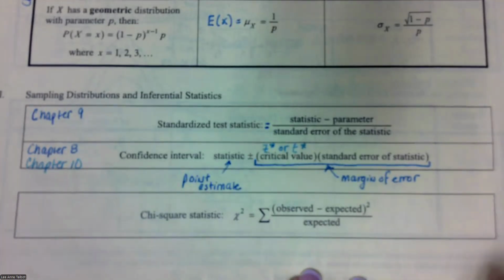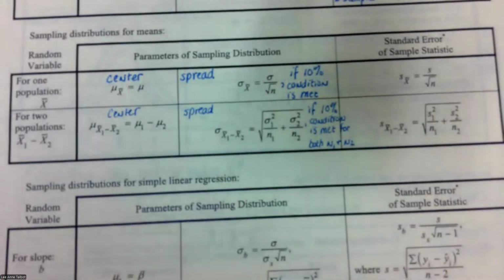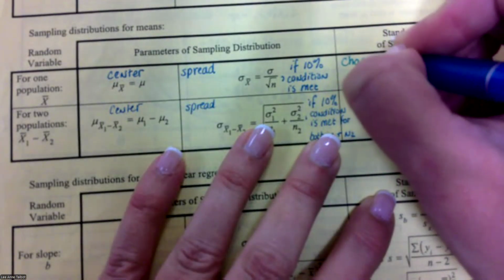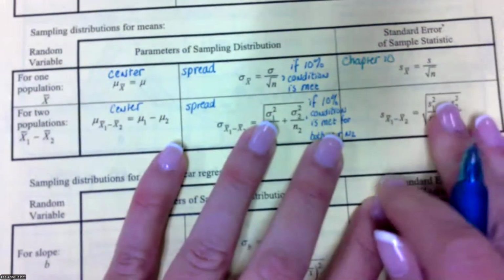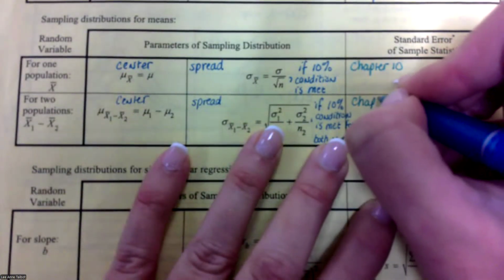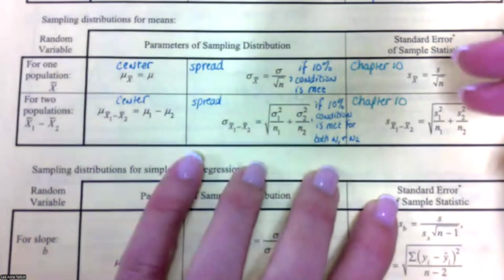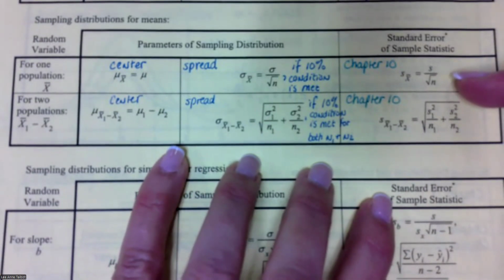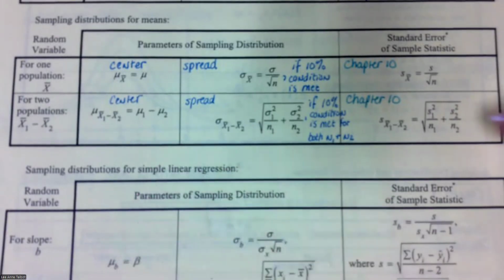Okay, now flip to the back. So this is going to be your one sample standard error, and this is going to be your two sample standard error.